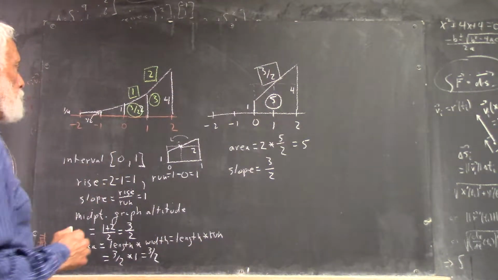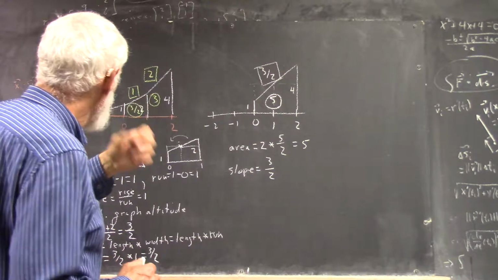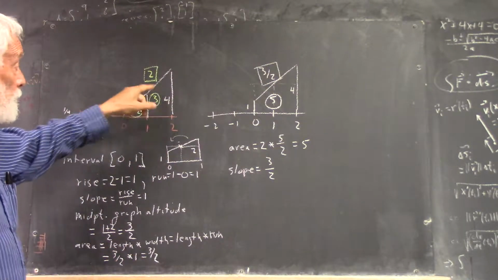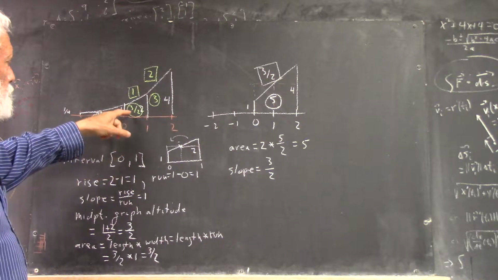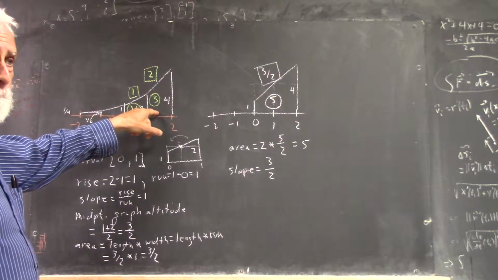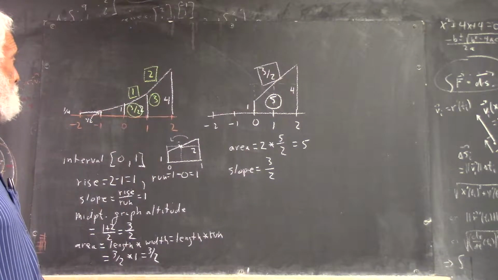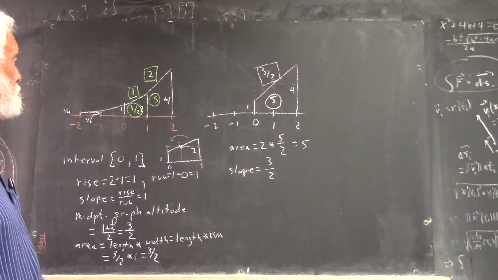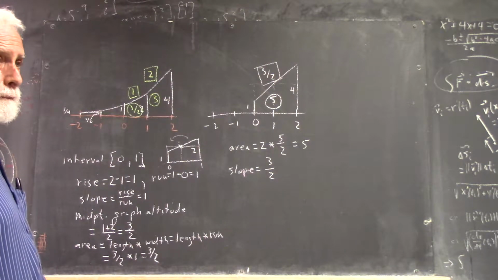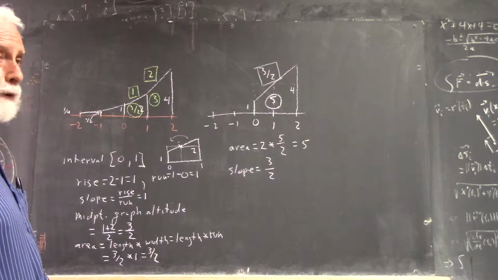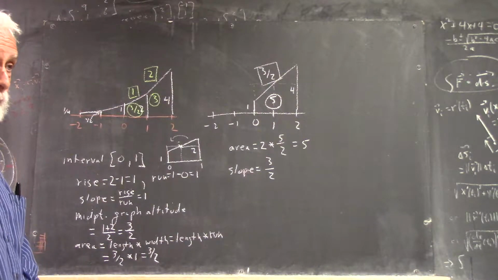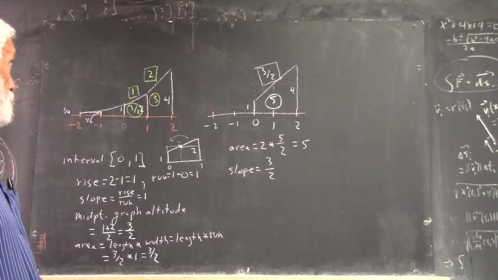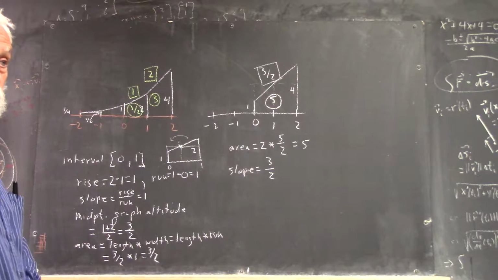But what I really want to focus on is the fact that we've labeled this one and this one here. Now, what's the total of these two areas? 3/2 and 3. When you add 3/2 to 3, what do you get? 4 1/2, or 9/2, which is 4.5.